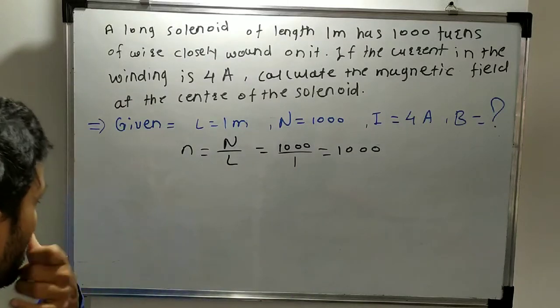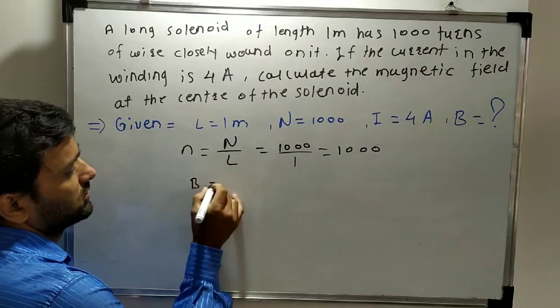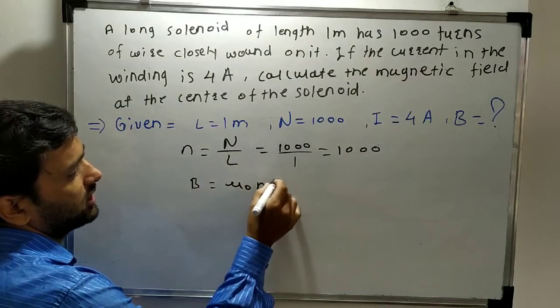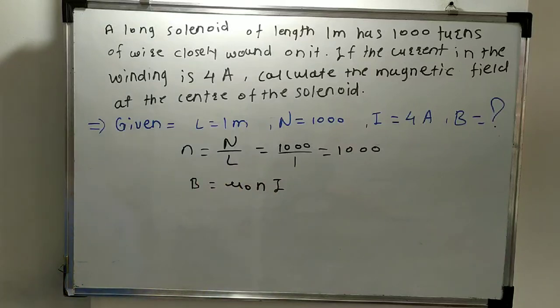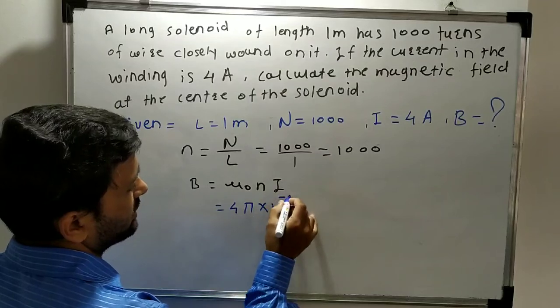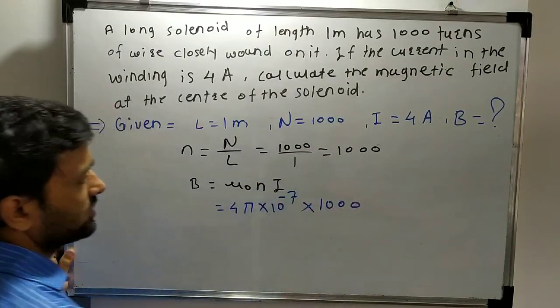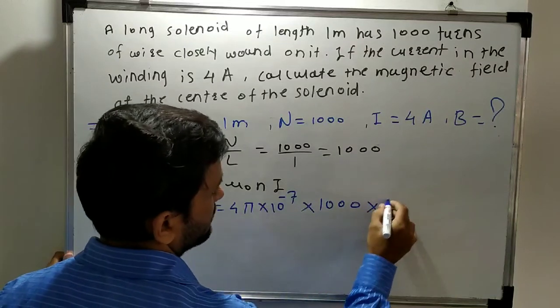So what will be the formula for B? B becomes mu naught n I. This is the formula to determine the magnetic induction along the axis of the solenoid. Put the values here. What is the value of mu naught? 4 pi into 10 raised to minus 7, into what is the value of n? 1000. And what is the value of I? It is 4.